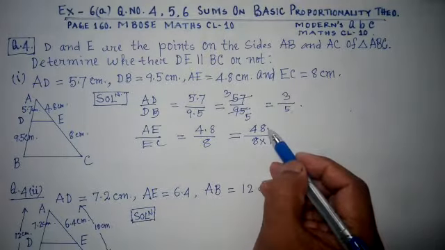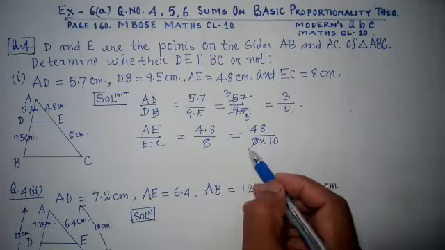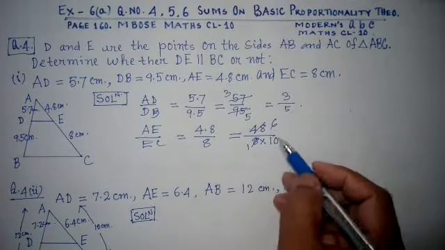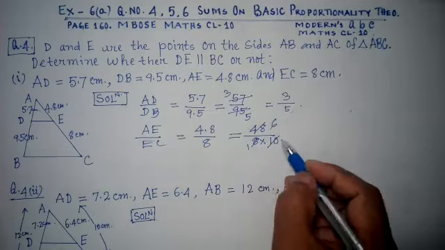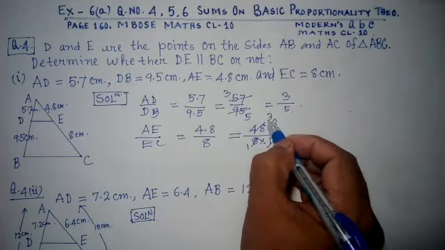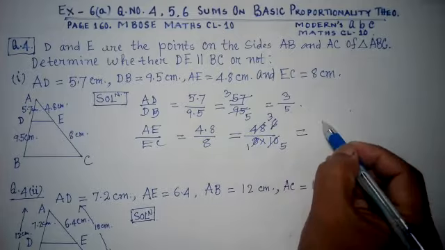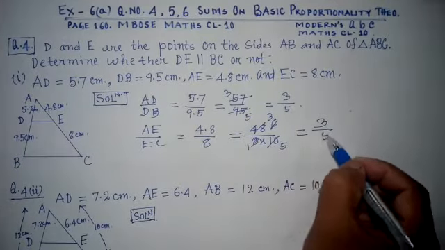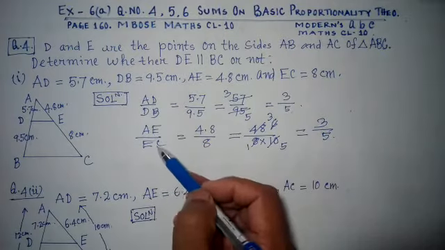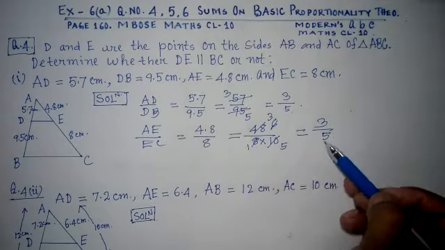So it is now 48. Cancel by 8 it is 1, cancel by 8 it is 6. And the 6 and 10 again we can cancel, by 2 is 5 and by 2 is 3. So we get the value 3 by 5. What we see? AD by DB 3 by 5 and AE by EC also 3 by 5.